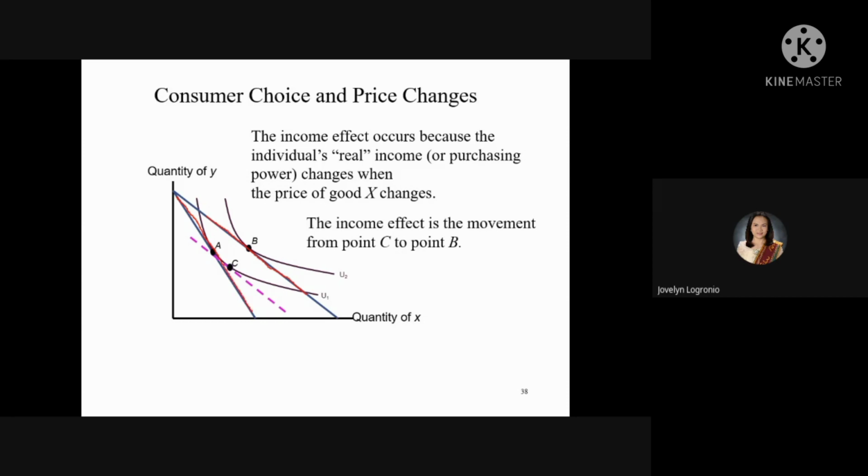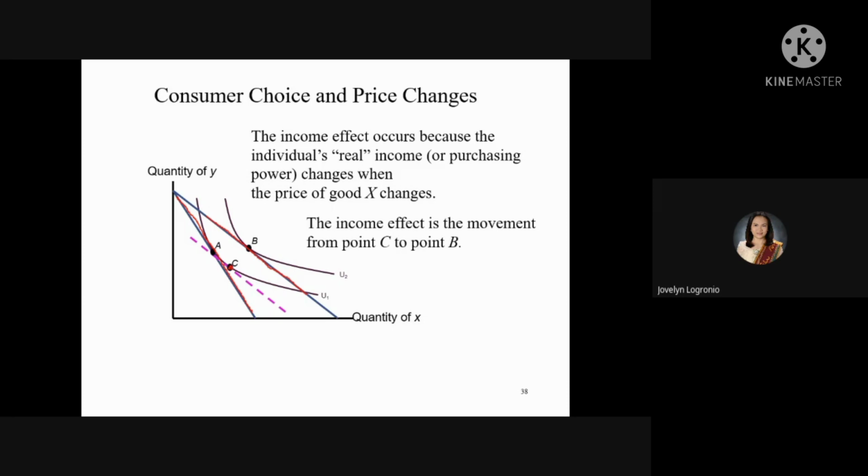And we have constructed this broken line to show that there is an imaginary or a temporary optimum combination that happens as the price of good X falls. So again, point C is the temporary initial optimum as the price of good X falls.